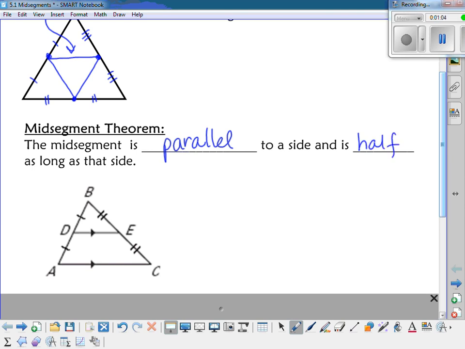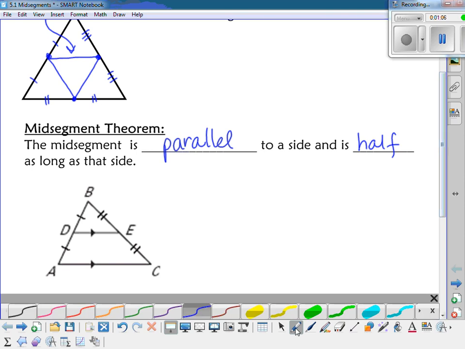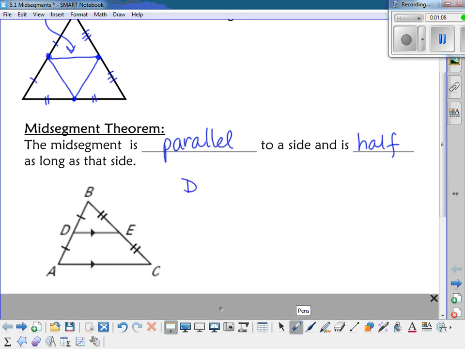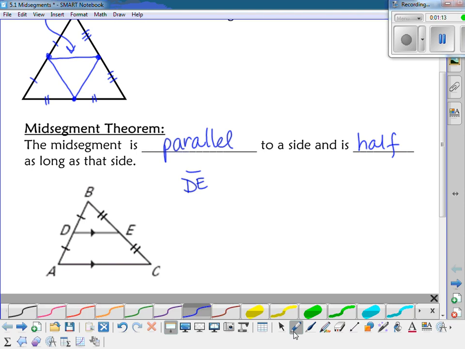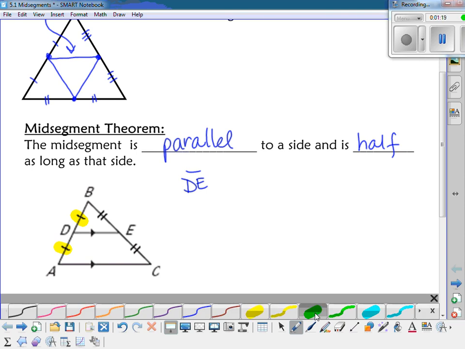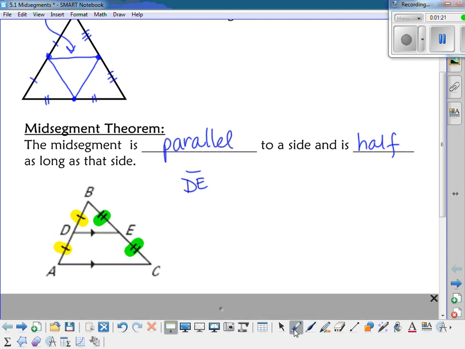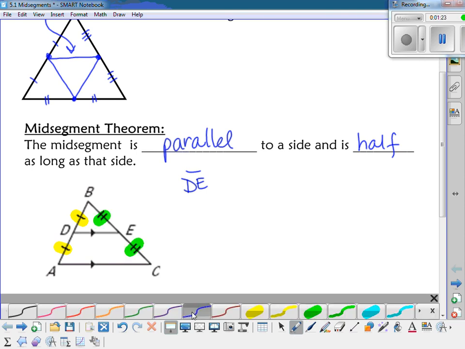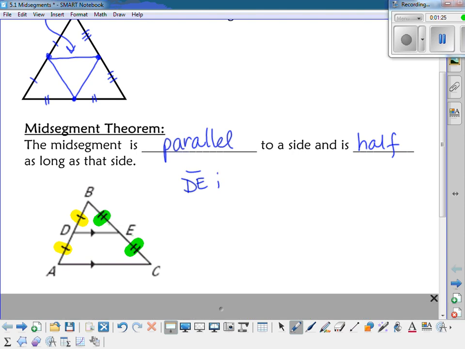So, for instance, in my picture here, I have DE. I can see that it's a midsegment because of these congruent pieces here and these here. So I know that DE is a midsegment.